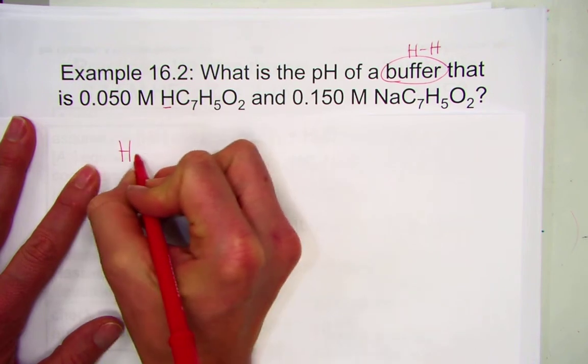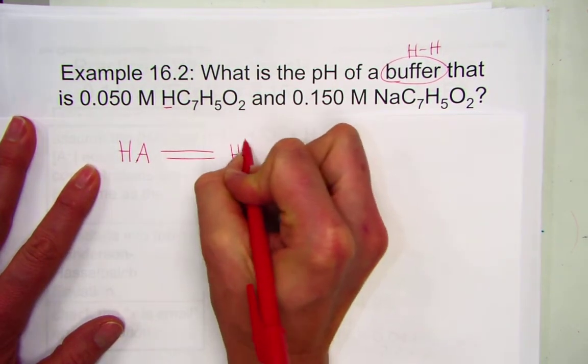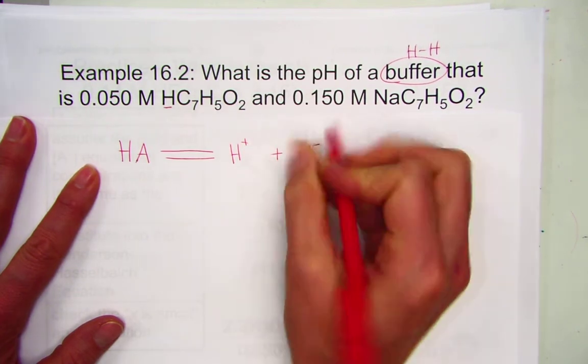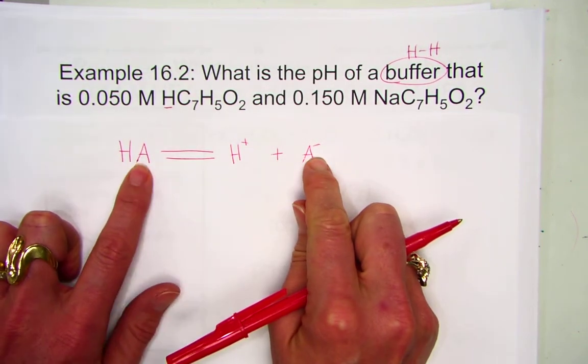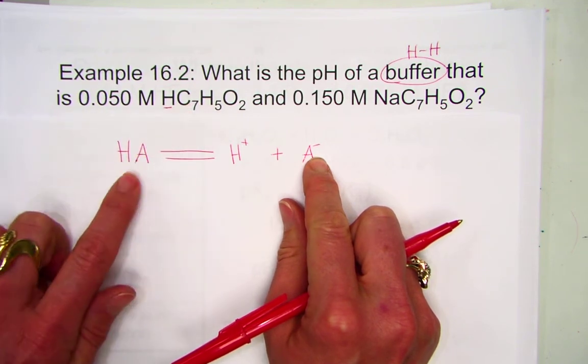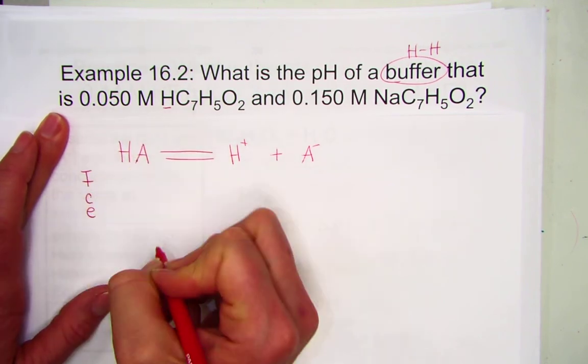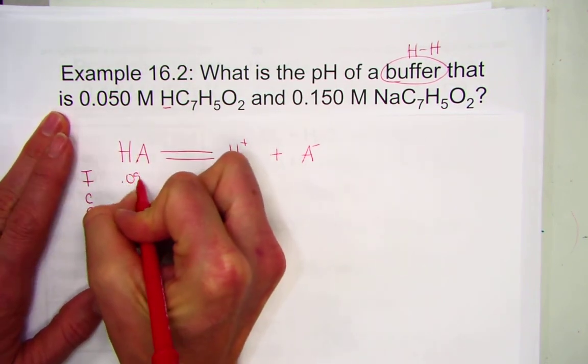So let's write this out, and I'm going to use generic chemistry. HA is in equilibrium with its acid ion and the negative. The anion and the weak acid are a conjugate pair. The concentration of the acid, and again I can write an ICE chart, but we're only using the initial value, is 0.05 molar.